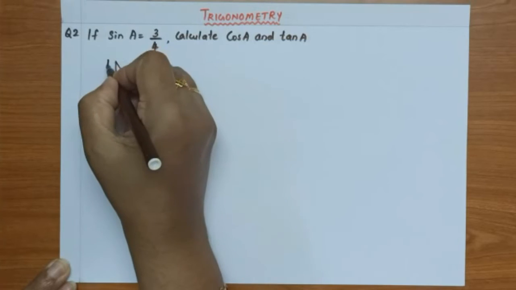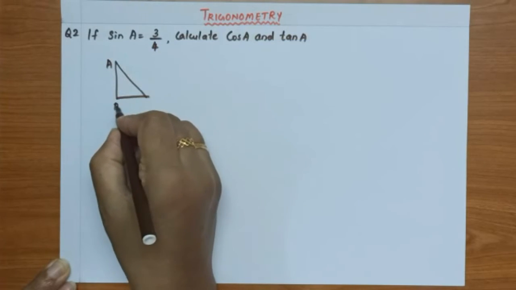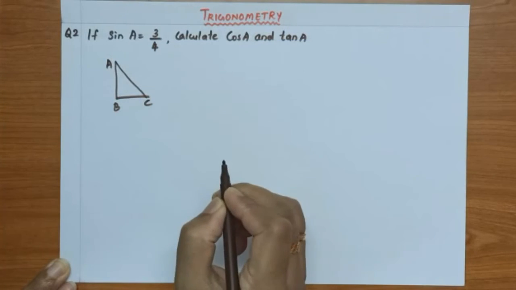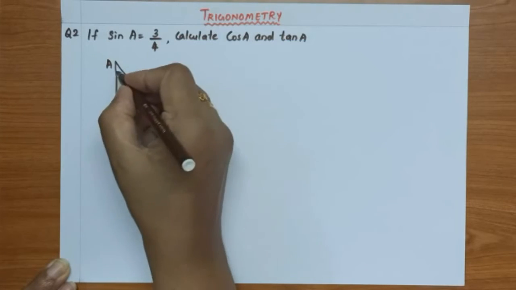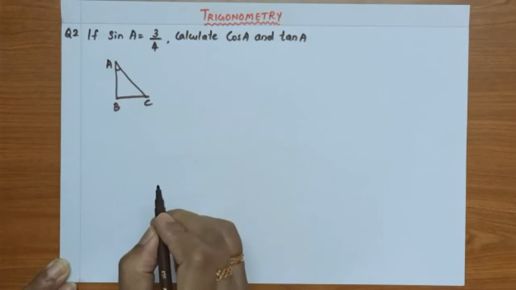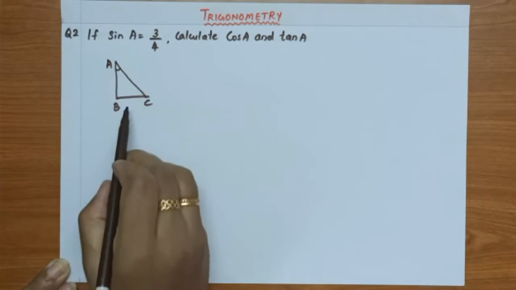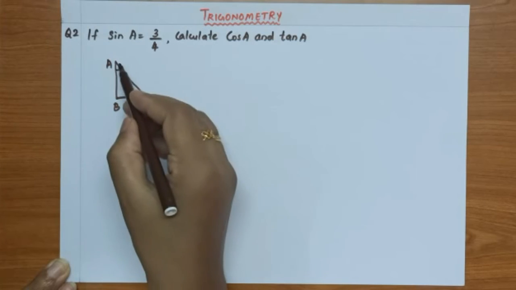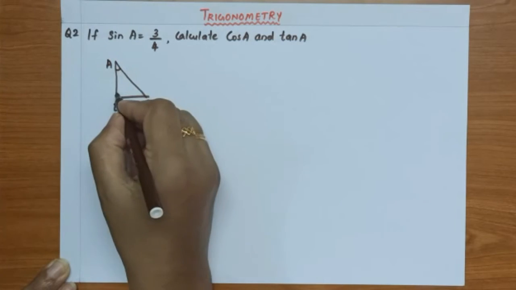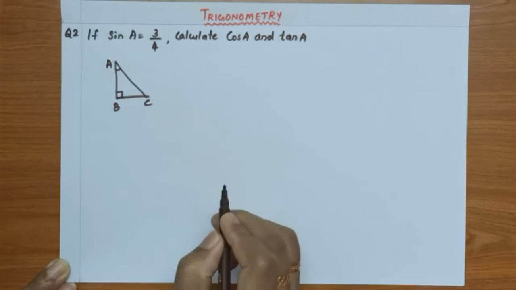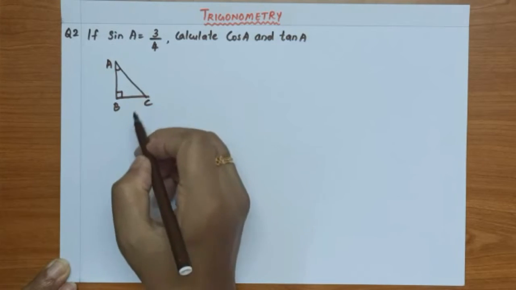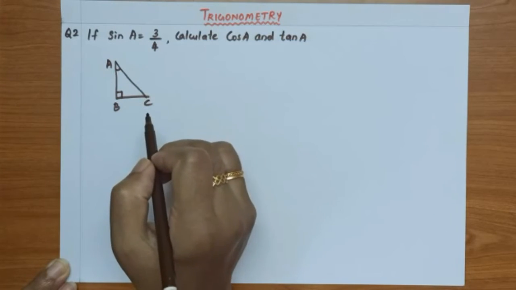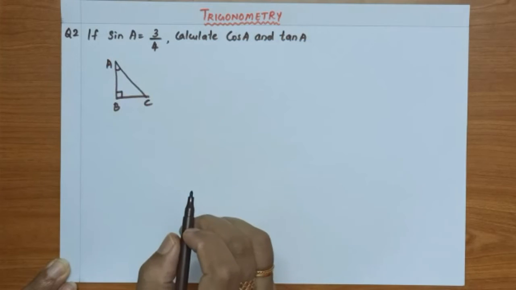A, B and C. It is a right angle triangle, right angled at B. So according to angle A, the opposite side is BC and hypotenuse is AC.